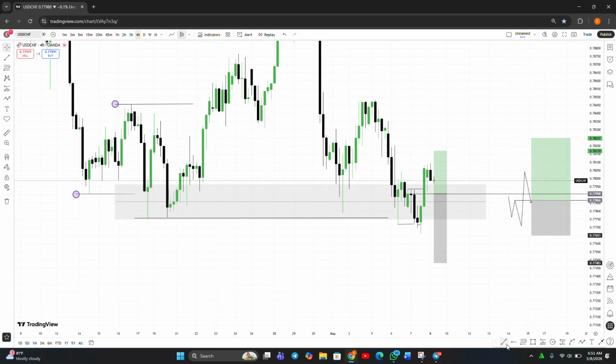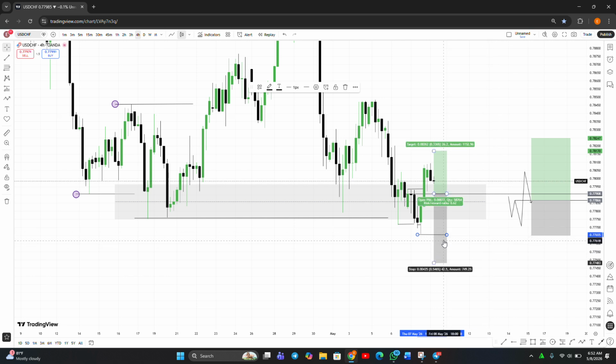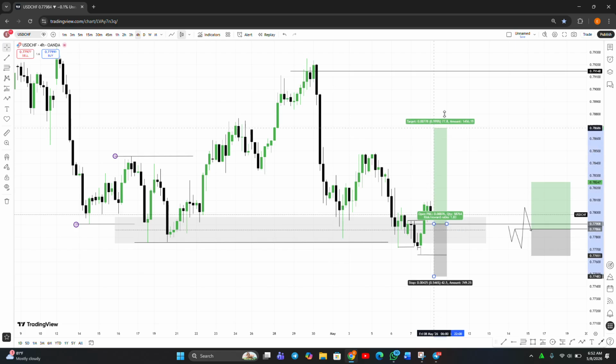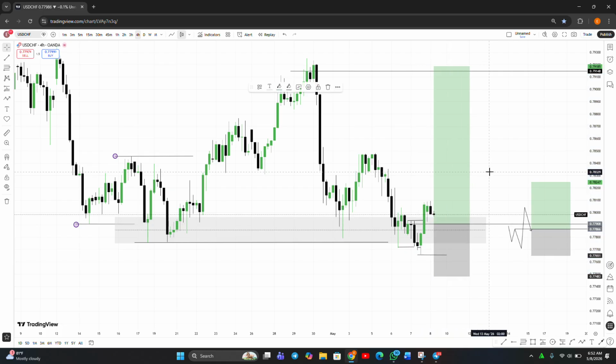Sometimes price is very funny and comes to take out this low as liquidity, or as a stop hunt, and then goes in that direction. So we need to give price enough space to take liquidity and go our direction. And my take profit is just going to be here, going to 2, going to 3, and done with that.